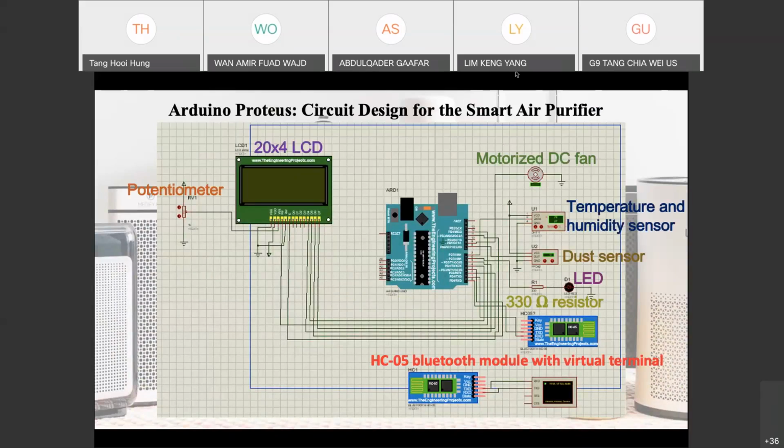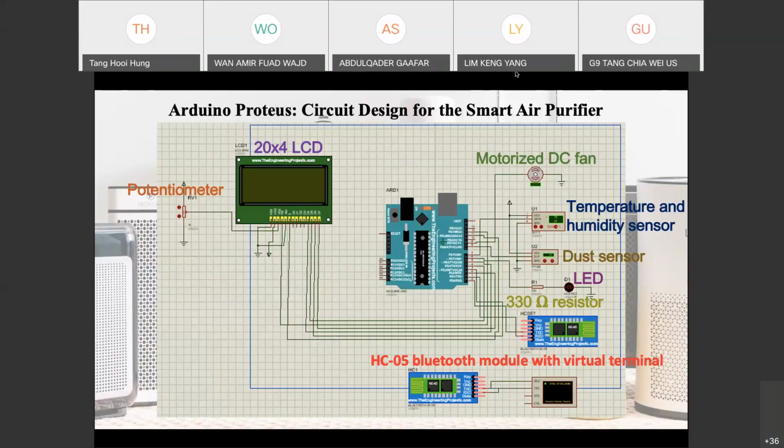The second component is our temperature and humidity sensor. The motorized DC fan is for the air purifier to move and absorb the air from outside, and the temperature and humidity sensor detects the surrounding temperature and humidity, and sends the data to the LCD and also to our phone or computer using Bluetooth.